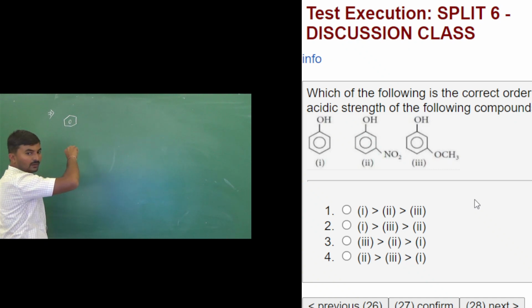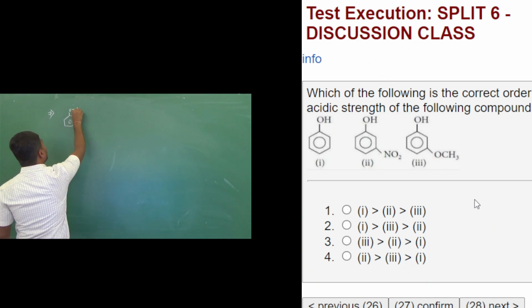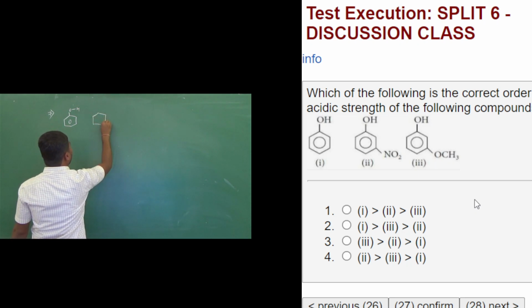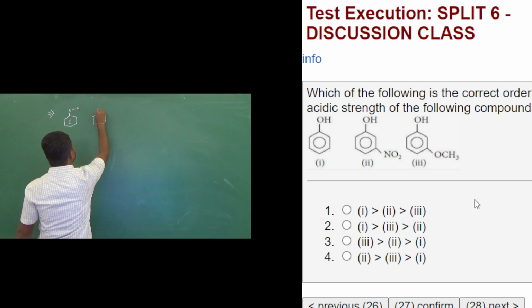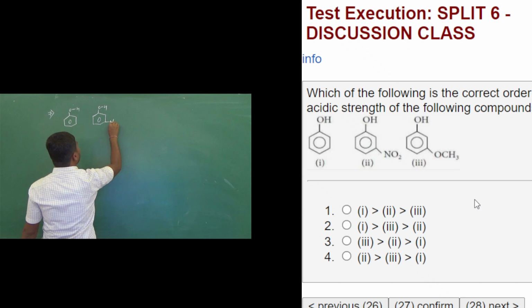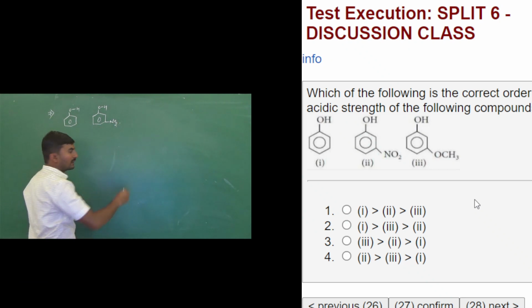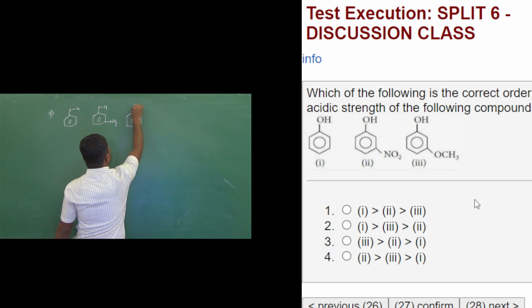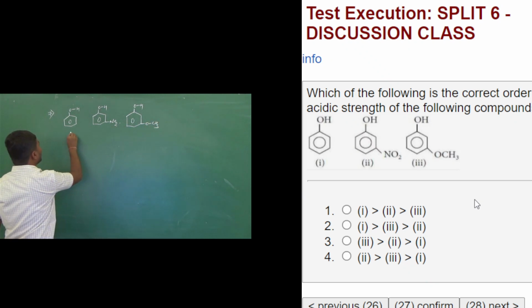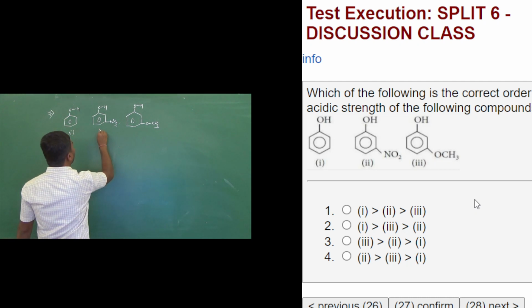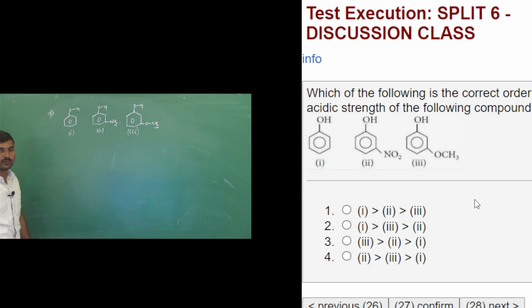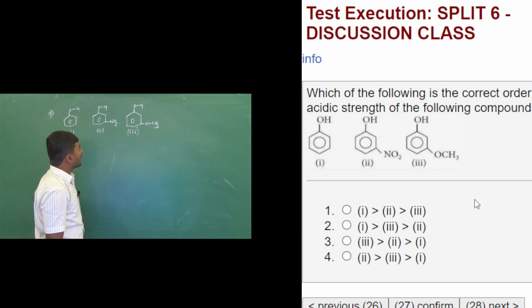First one is phenol, the second one is meta-nitrophenol, it is NO2, and the third one is methoxyphenol. Among these three molecules, we have to arrange their acidic strengths.